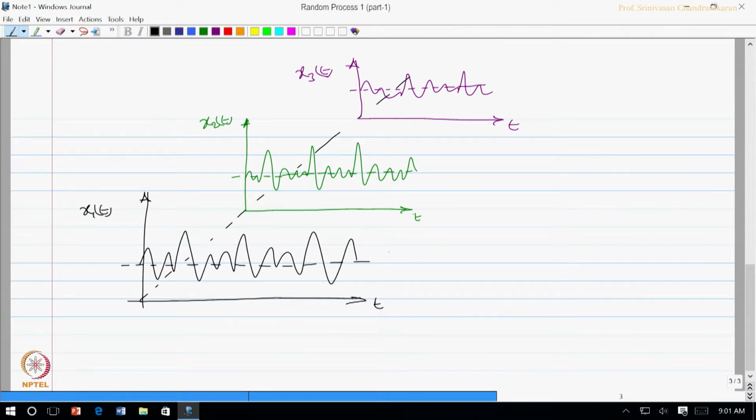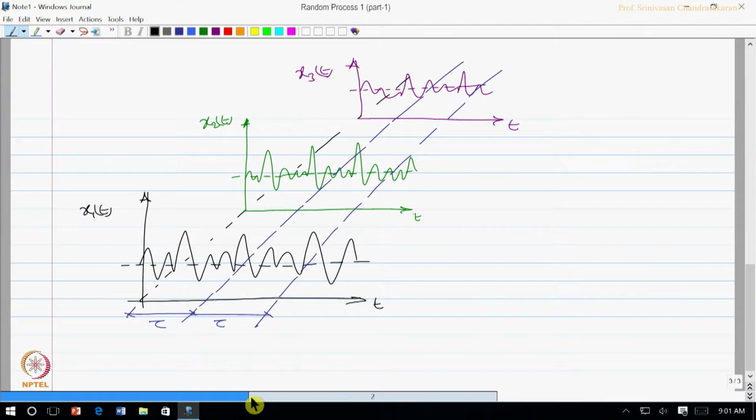Now, I take an interval tau and draw a line. I draw another line with the same interval. Now, these intervals are equal. I now measure the points of these variables at these intervals.